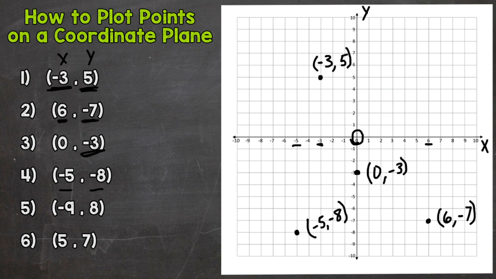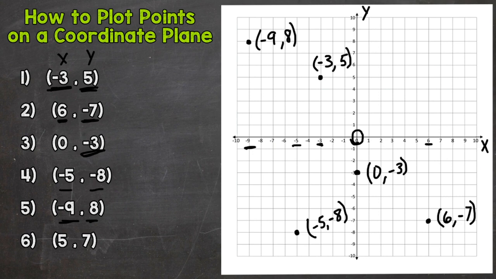Number 5, we have a negative x-coordinate and a positive y-coordinate. So we start in the center, go over to -9, and then up 8, because again, that y-coordinate is positive. So we go up 8 and plot our point. So -9, 8.